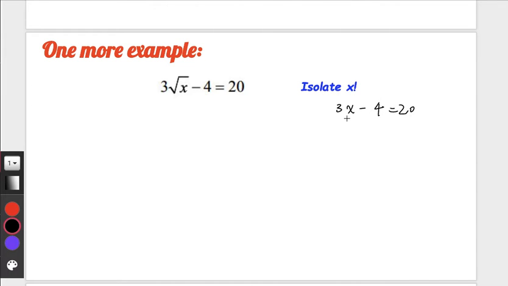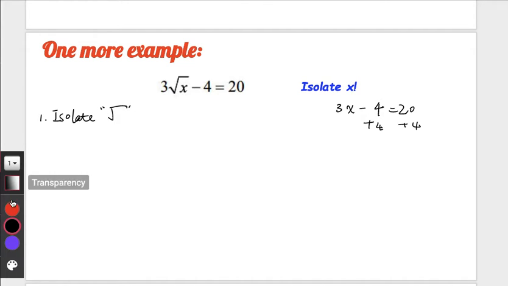If we need to solve this equation, what's your first step? Some students probably already figured out I need to plus 4. Exactly. As I mentioned, the very first thing is that, instead of isolating x, we actually need to isolate the square root. That's the very key step.